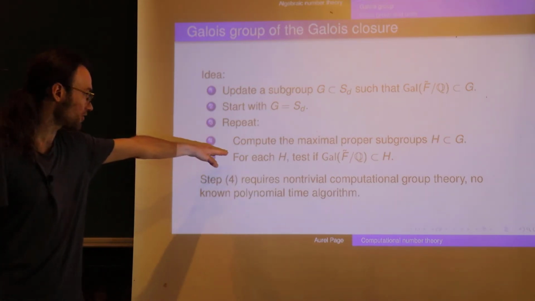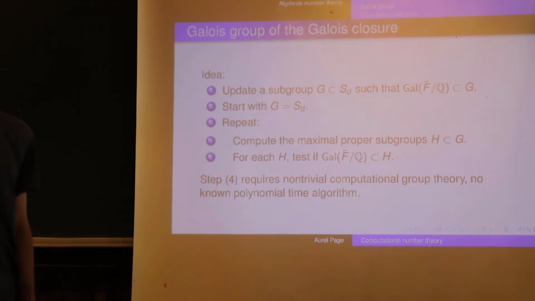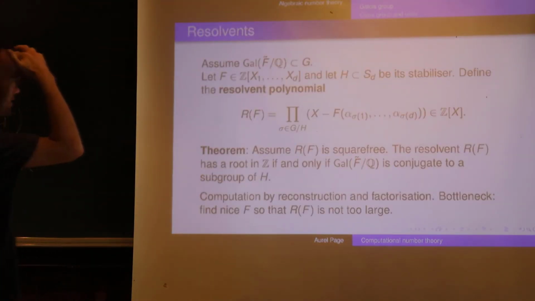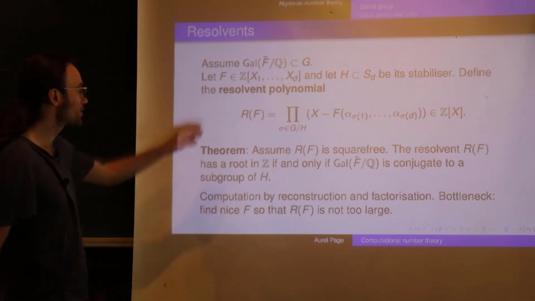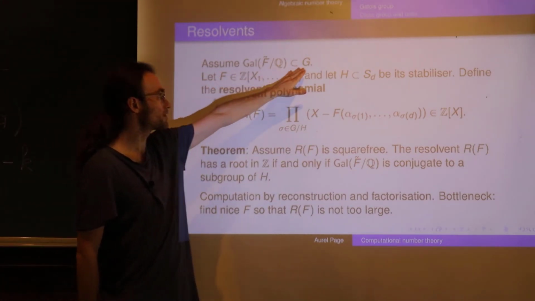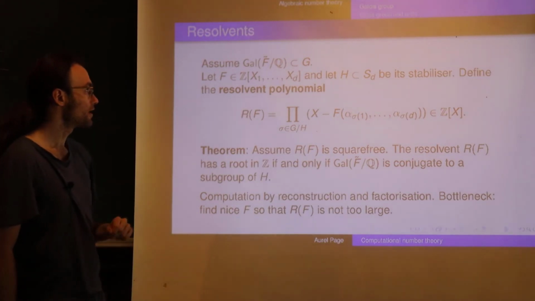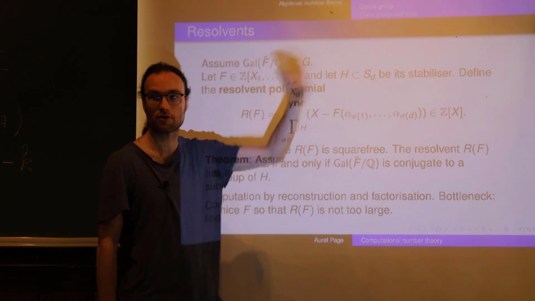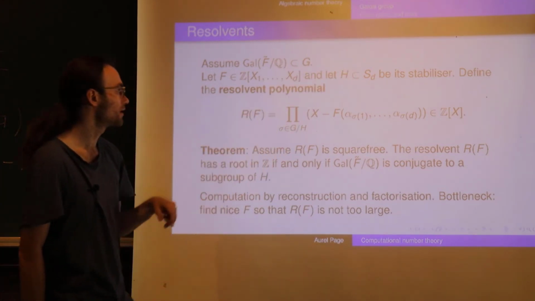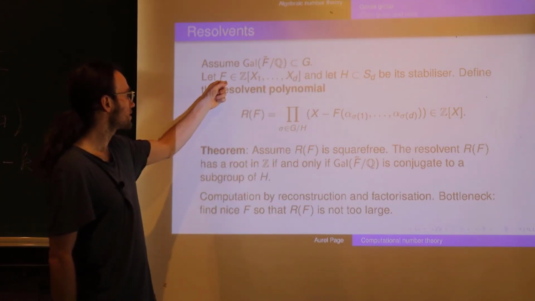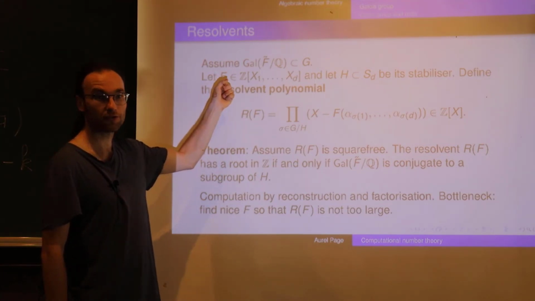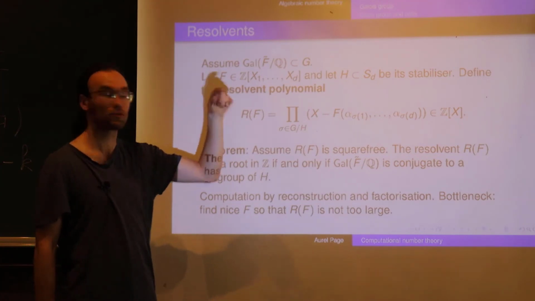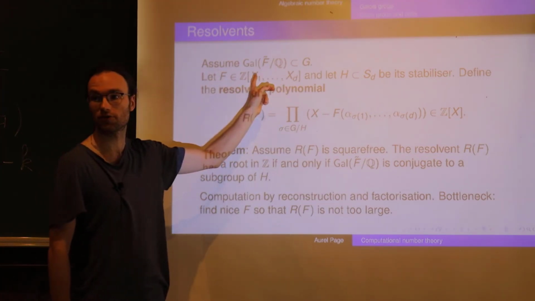I'm going to tell you a bit more about how you test this. Do you have a containment like this? So this uses the method of resolvents. So we start with the assumption that the Galois group is contained in a certain G. And we have another H. We want to test if the Galois group is actually contained in H. So for that, we're going to need a multivariate polynomial F. So if you have a multivariate polynomial F like this, you can act on it by permutations, by permuting the variables.